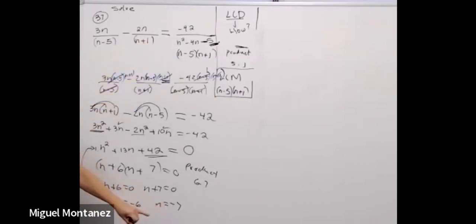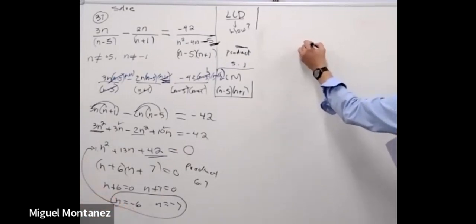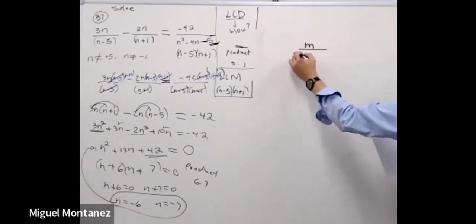These are the ones that cannot be. The solutions cannot be positive 5 or negative 1, because those are the restrictions. These are the ones that make the denominator 0. So in this case, we just leave it like that. Of course, if you have time, you take it and plug it in.